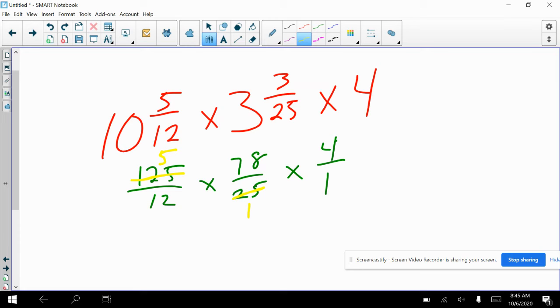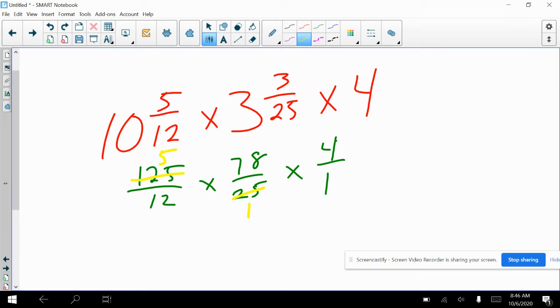Does 12 go into 78 evenly? Is there a number that can go into 12 and 78 evenly? 4? 4 does not go into 78 evenly. No? 2. Okay, 2 does work. That is correct.